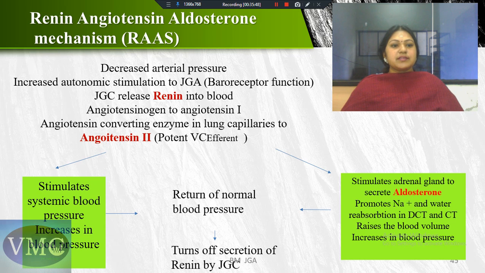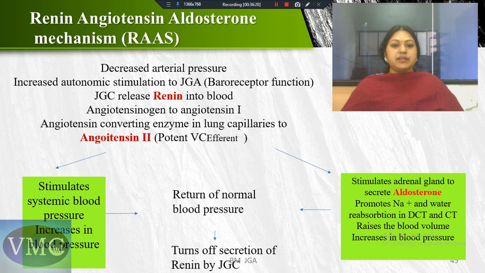So this stimulates your systemic blood pressure, increasing it. This causes a return of the blood pressure to the normal level. Also, this angiotensin 2 causes the adrenal gland, which is present over the kidneys, to secrete aldosterone. This promotes sodium and water reabsorption. This also causes secretion of antidiuretic hormone or vasopressin, which causes water reabsorption too, through the formation of aquaporins.